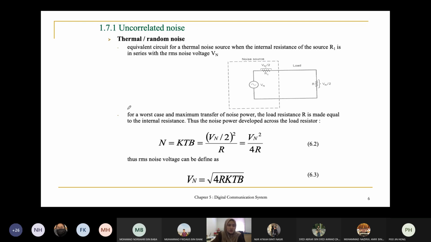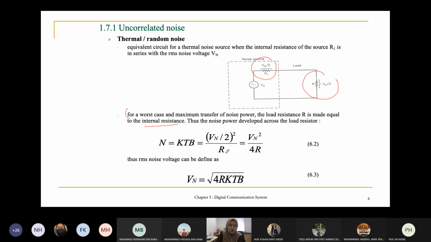Stated over here, for a worst case and maximum transfer of noise power, the load resistance R is made equal to the internal resistance. Thus, the noise power developed across the load resistor is this one.